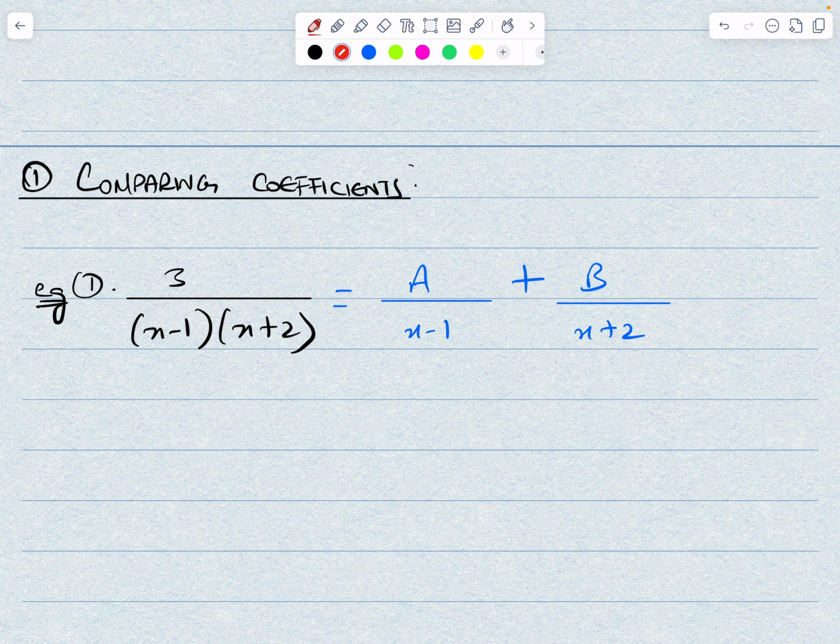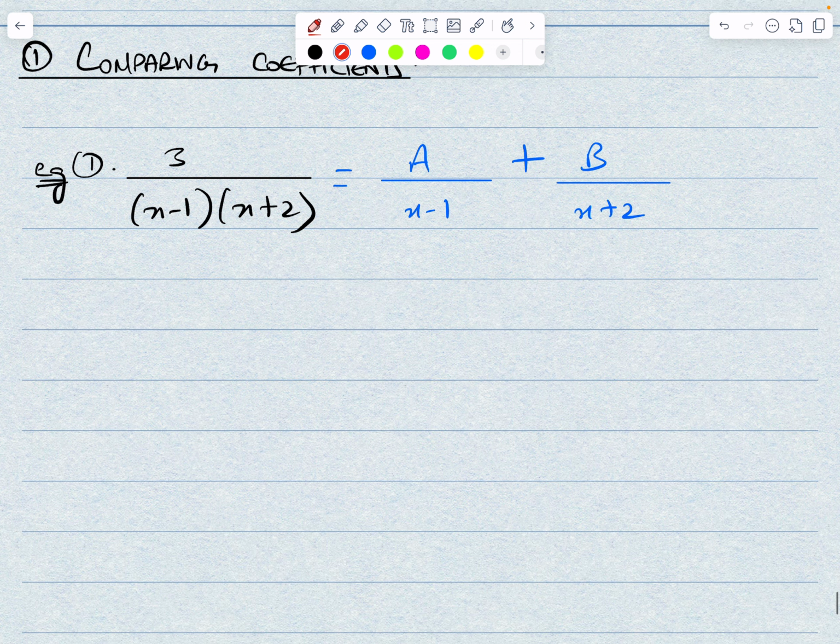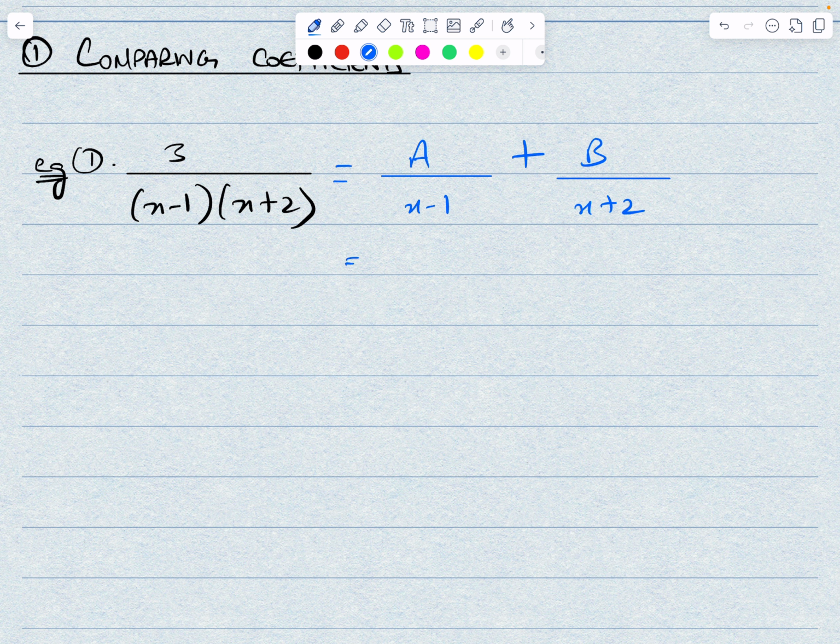That is, I can write this as (x minus 1)(x plus 2), and A multiplied by x plus 2, and B multiplied by x minus 1.